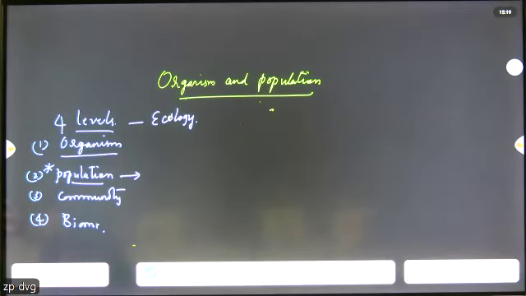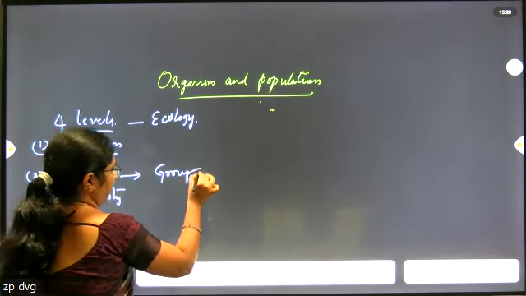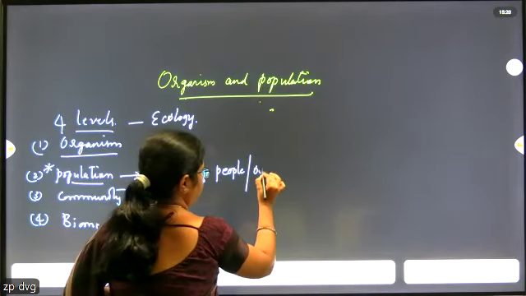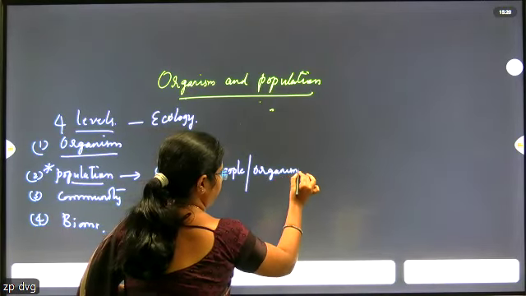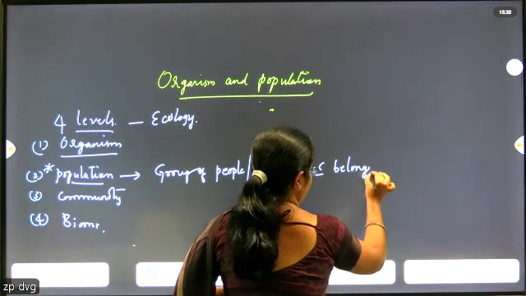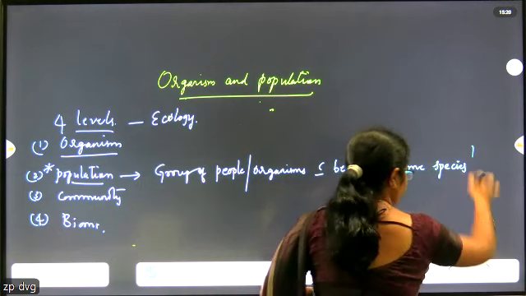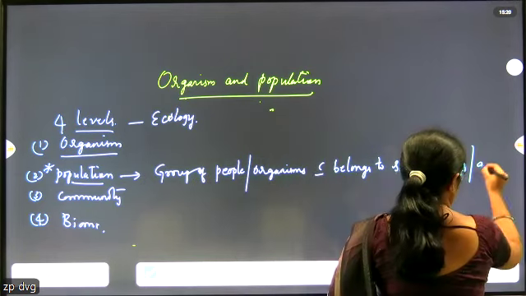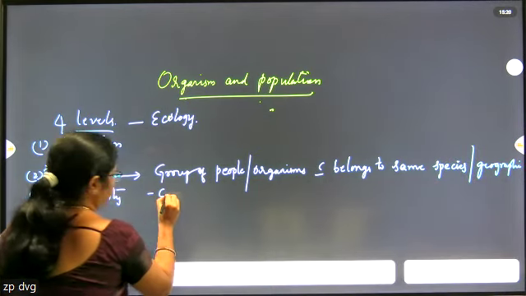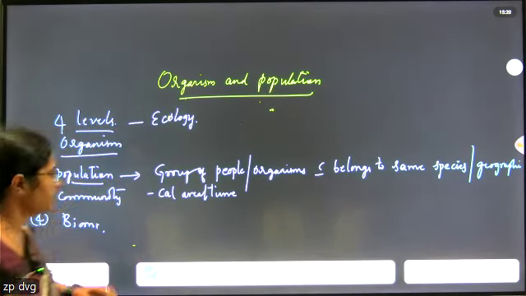Population, as the word itself says, is nothing but a group of organisms which belong to the same species, present in a particular geographical area per unit time, is called a population.